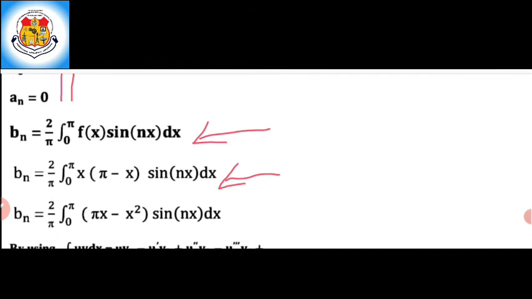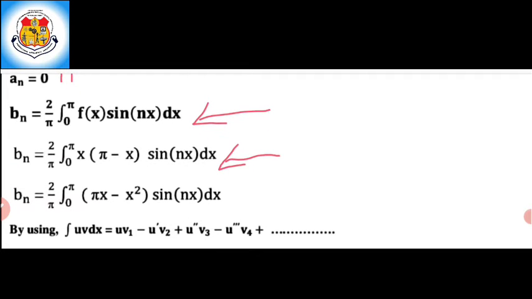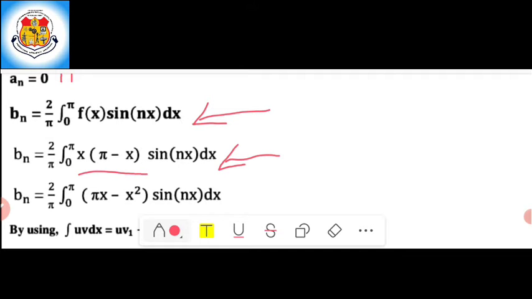So we get bn = (2/π) ∫ from 0 to π of x(π − x) sin nx dx.